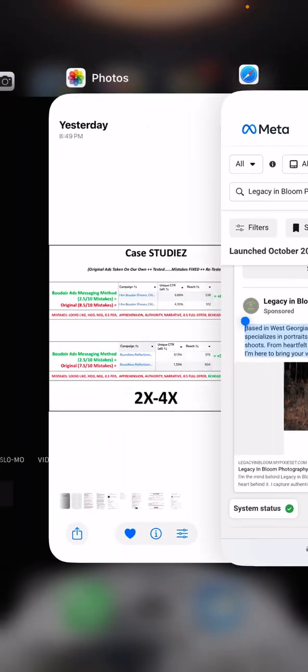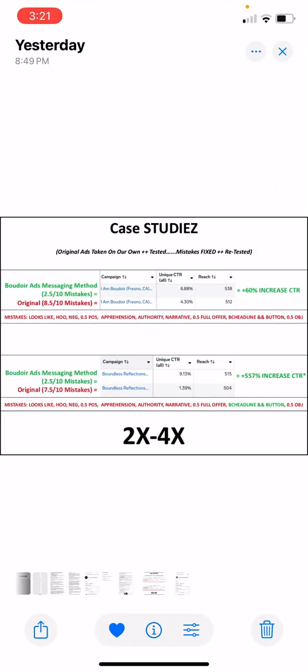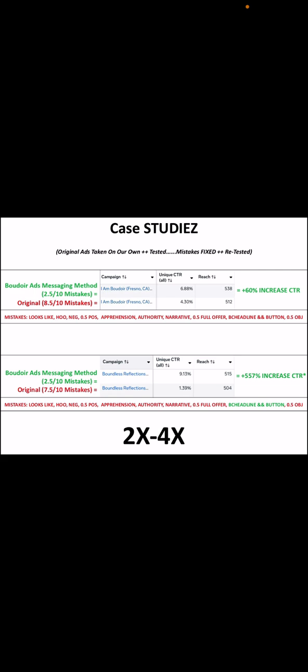And the stuff I'll be going over is stuff that I've already used for other Boudoir ads, where I took them on myself and tested the originals that some other businesses are using, then tested them with my method, fixing the mistakes.